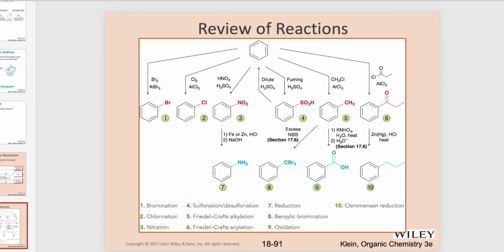A couple more slides. Here are the vast majority of reactions, 1 through 6. Remember how we started out reading the reaction conditions, identifying where E plus is. So what's E plus? What are the conditions in here? And then we also learned that some of these functional groups can be further converted, from a nitro group to an amino group. If we have the benzylic position, we can take advantage of a radical bromination reaction there.